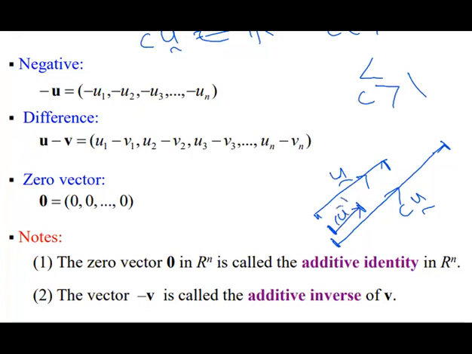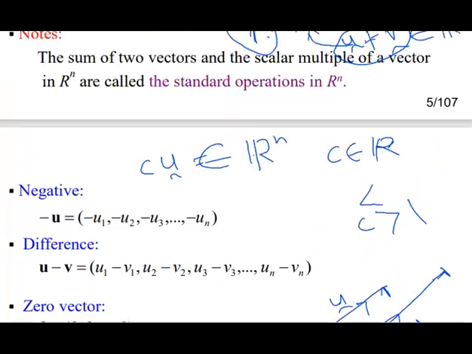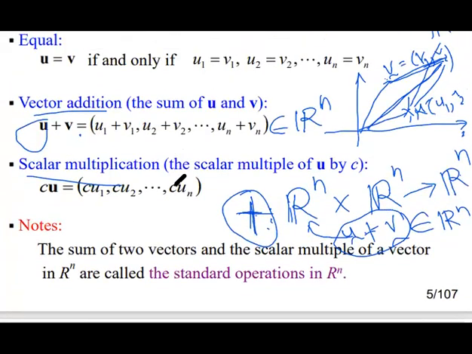Again, this is also a vector. So this is closed under scalar multiplication, because this is an element in Rn space.